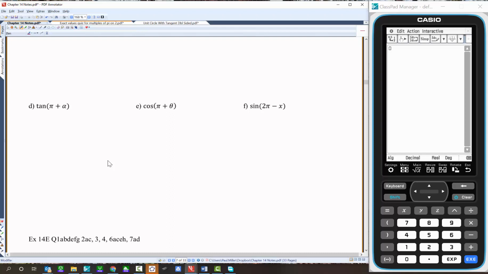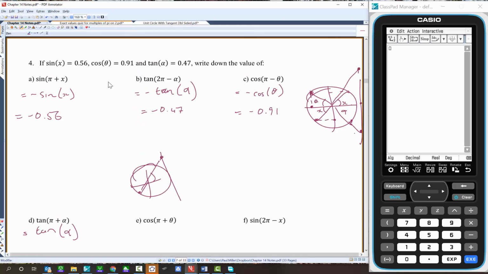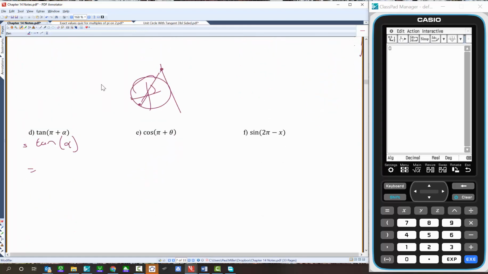Down here we're going to get the tan of pi plus alpha. So here's pi, and we're going to go alpha more. Where's it going to hit the tangent? It's going to hit the tangent there. So this would be the same as getting tan of alpha in the first quadrant, and that would be 0.47.